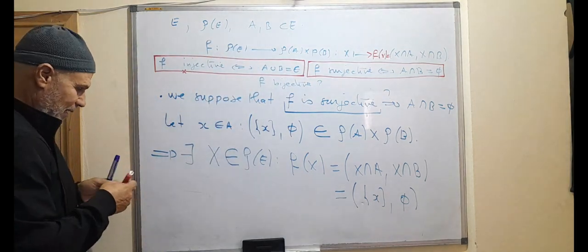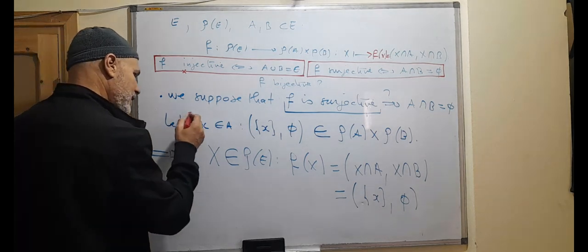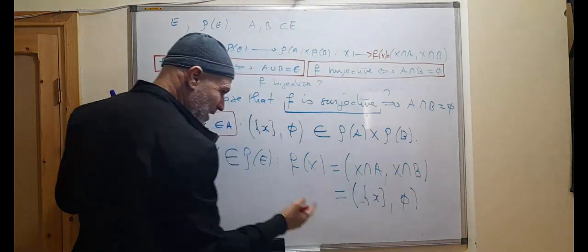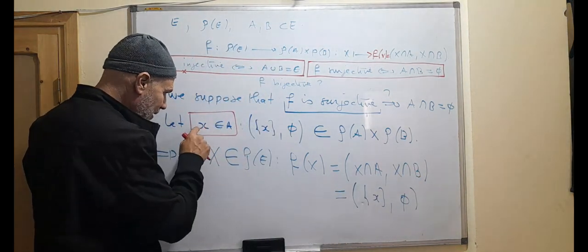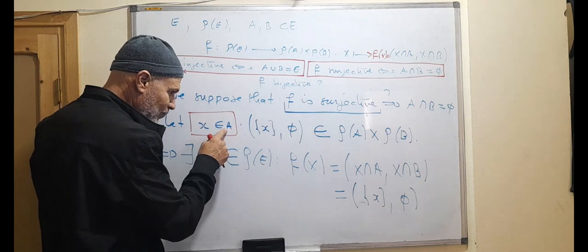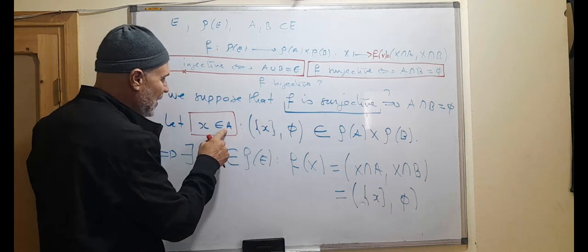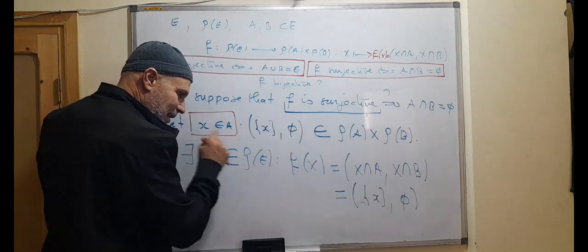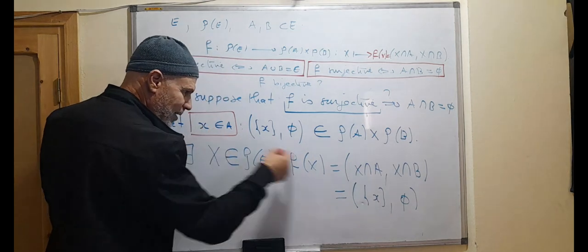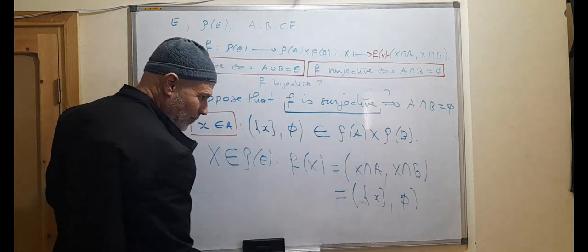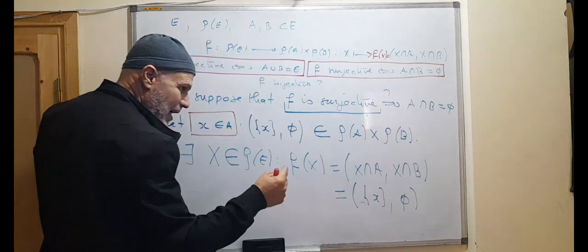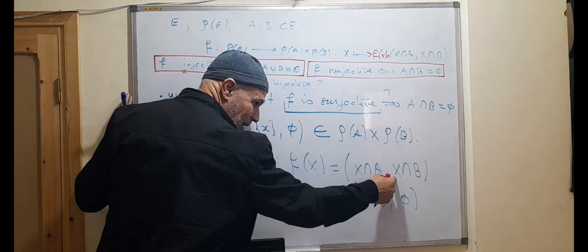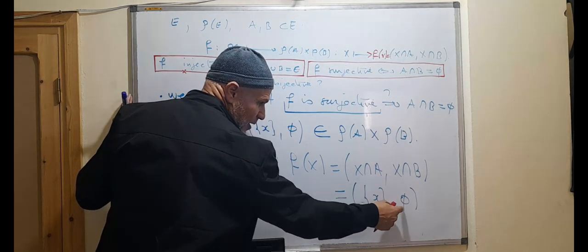Don't forget that x is an element of A. But X intersection B being empty means that x is an element of A and x is in capital X, and the intersection with B is equal to empty set.